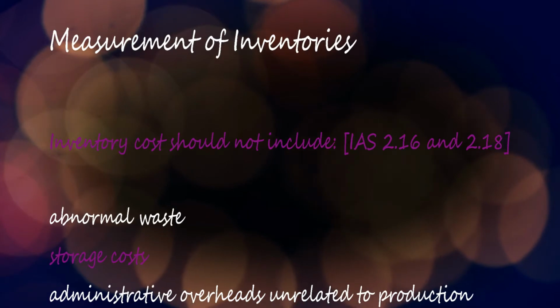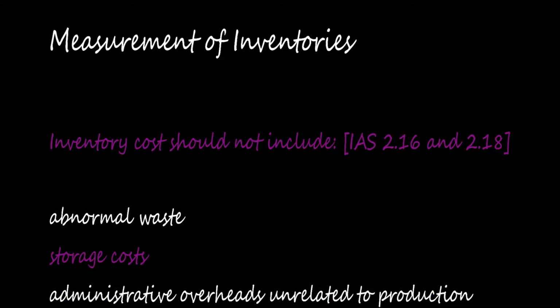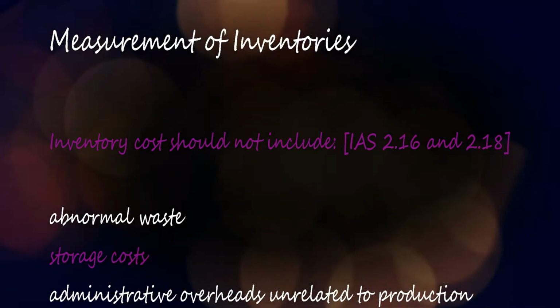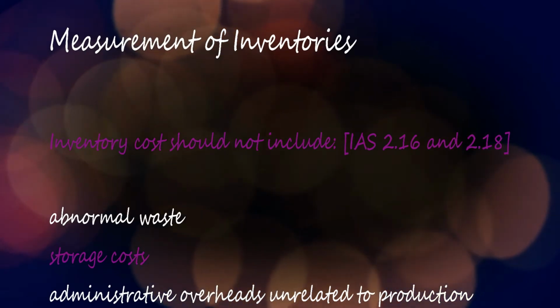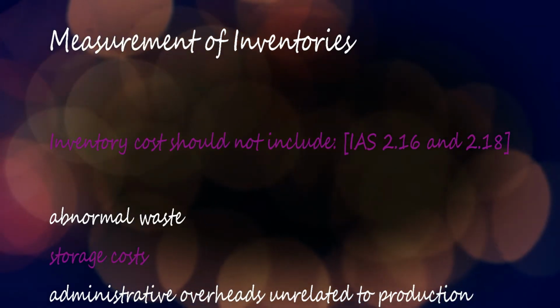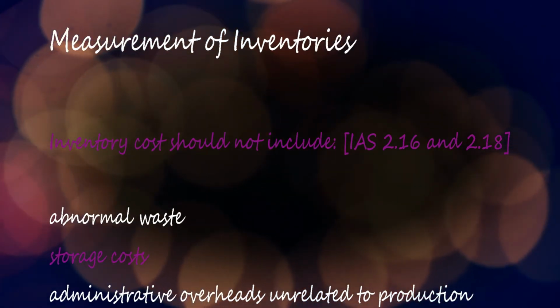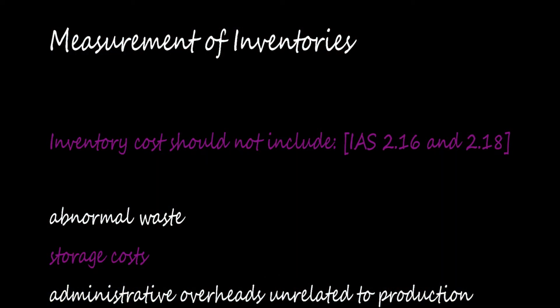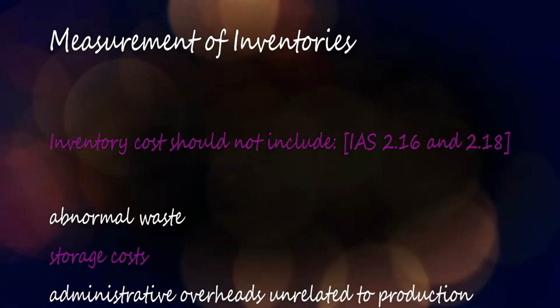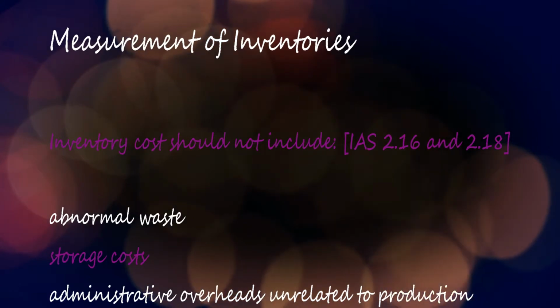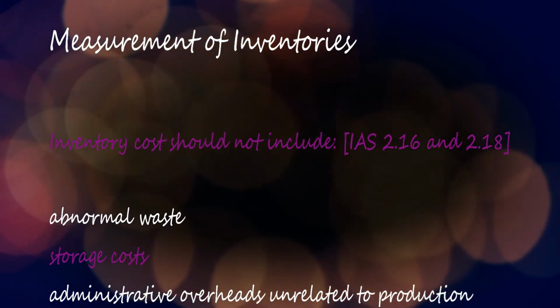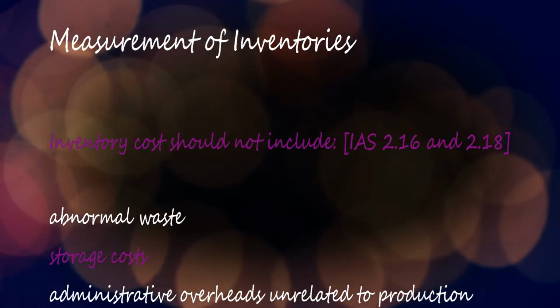The LIFO formula, which had been allowed prior to the 2003 revision of IAS 2, is no longer allowed. The same cost formula should be used for all inventories with similar characteristics as to their nature and use to the entity. For groups of inventories that have different characteristics, different cost formulas may be justified.